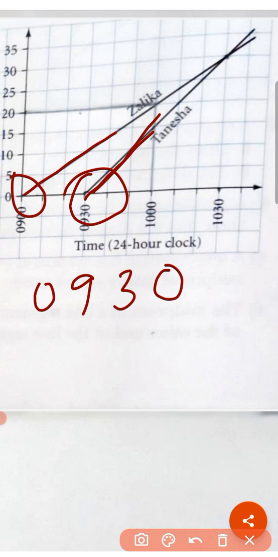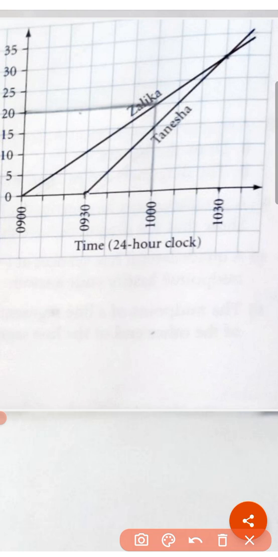Then how far did Saliga travel in the first hour? How far means the distance travelled by Saliga. Children, from the graph we know Saliga started at 9. 1 hour means from 9 to 10.